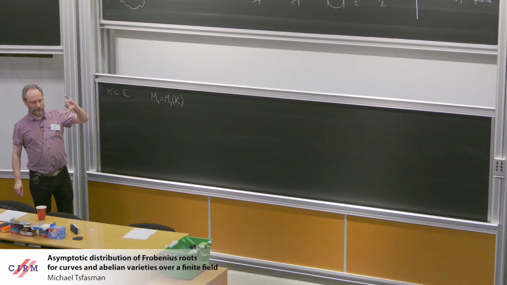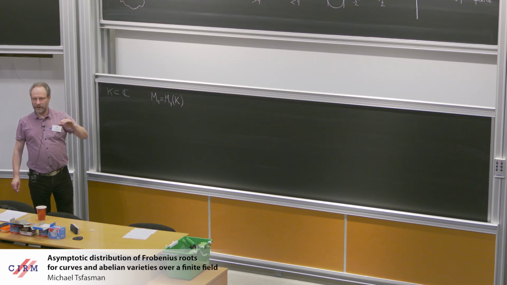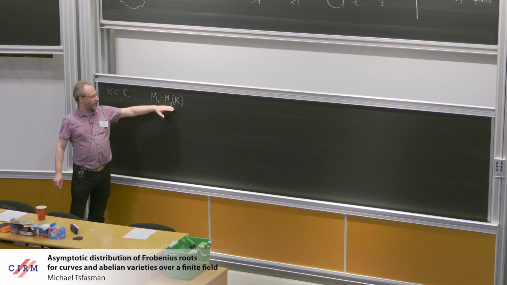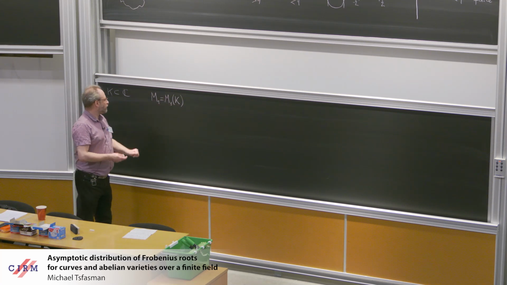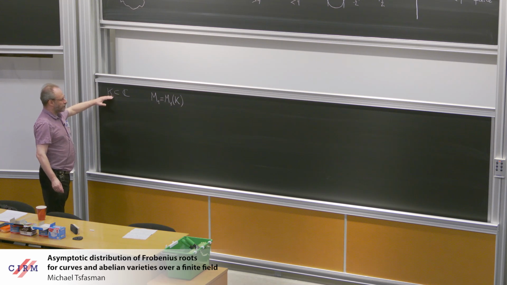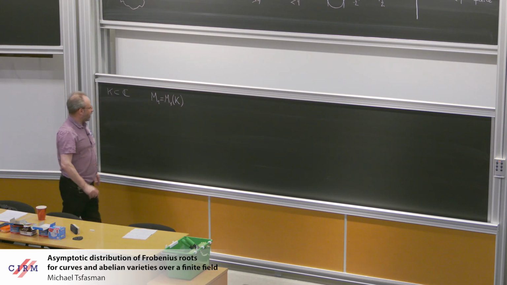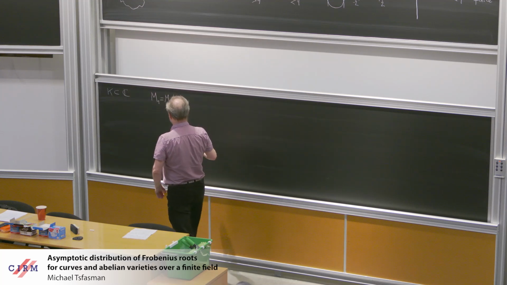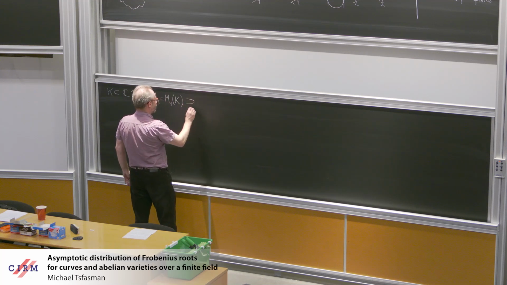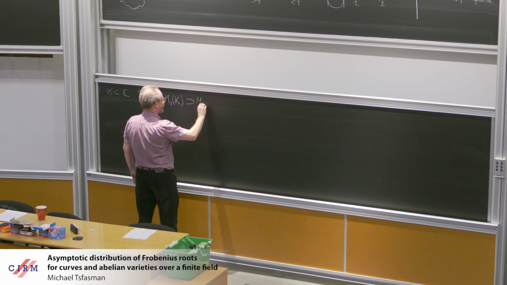Again, I put a delta function at each integer, and I divide by the length of the orbit, so that these will be measures of mass 1, probability measures, on my compact K. Now, I throw out the first one, and I get M2.